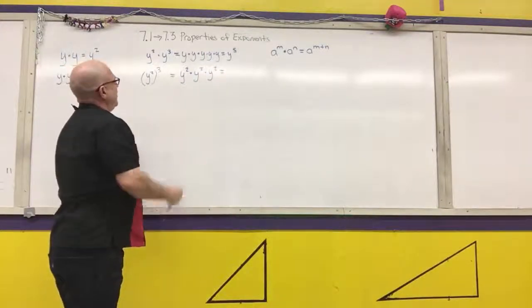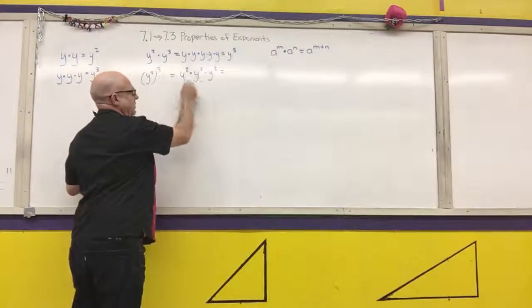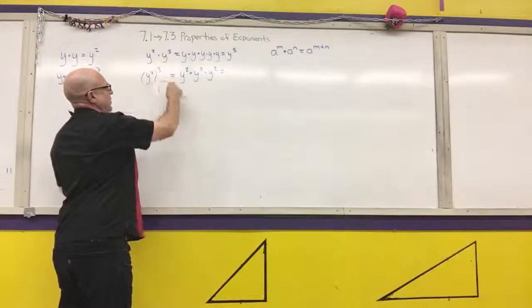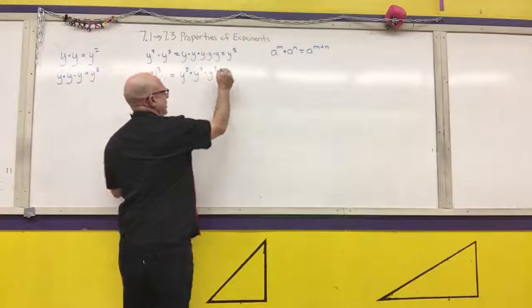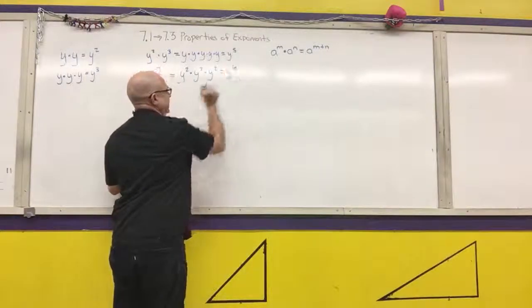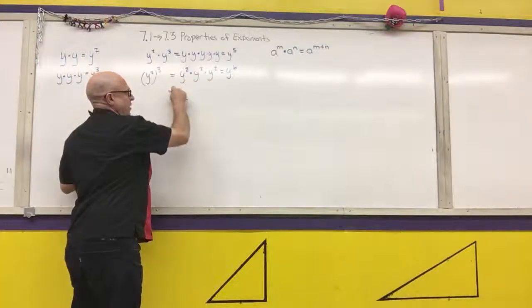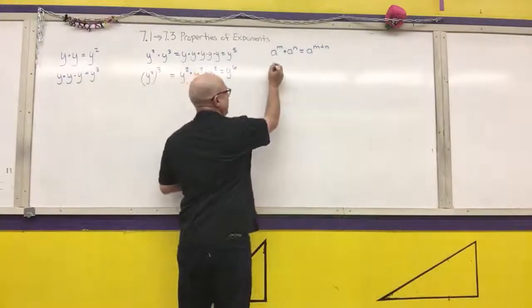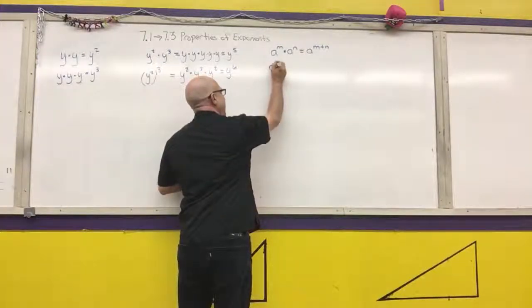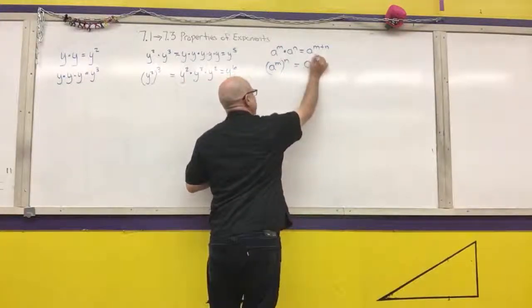And the previous property said that if I have two things with the same base multiplied with exponents, I just add the exponents. So 2 plus 2 plus 2 is y to the sixth. Or I could have written y, y, y, y, y, y, then counted all 6 of them up and got the answer. So the property we have is if I have a base to a power raised to another power, I end up multiplying the exponents together.